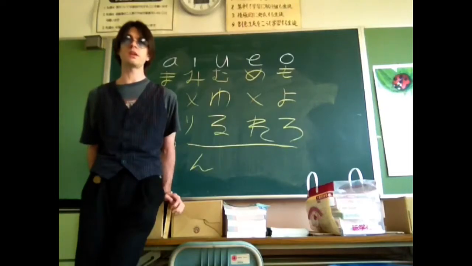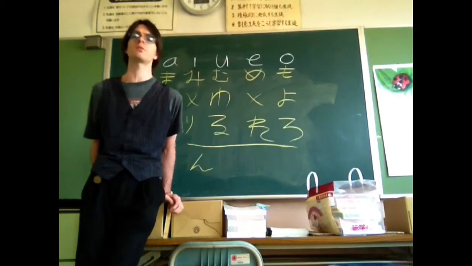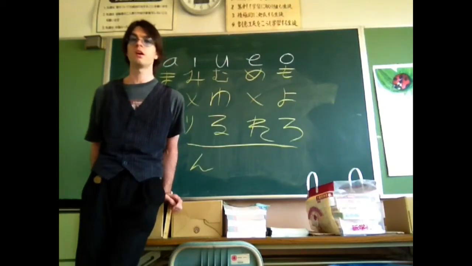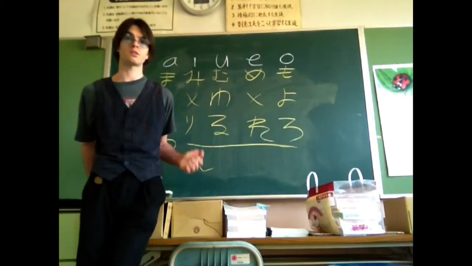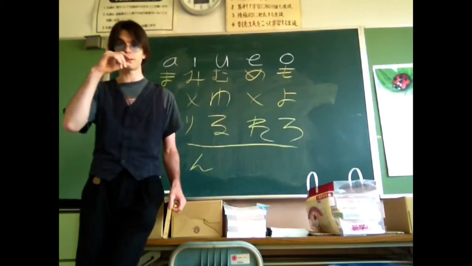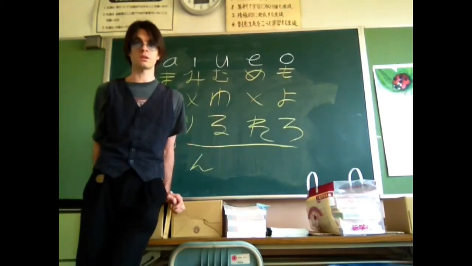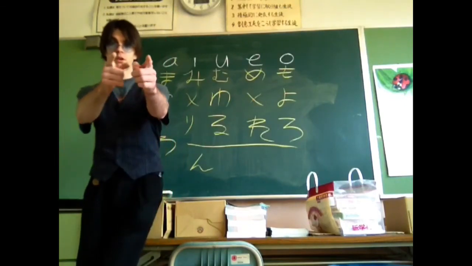Next lesson will be how to do the specific combinations of hiragana with each other to make other sounds. For instance, you know that there are things like cho and yo that didn't show up just yet. That's because those are combinations of other things put together. So we'll do those next time, and then we'll probably have some reading and writing practice. Alright, I'll see you guys next time.